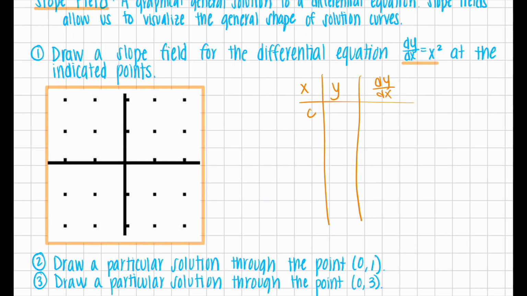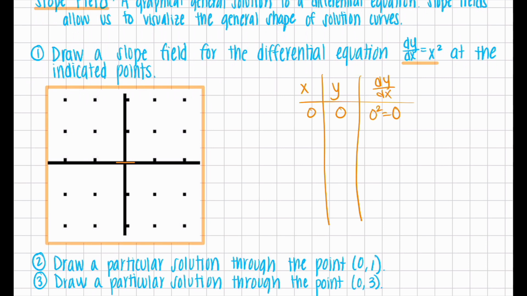I might start with 0, 0. At the point 0, 0, what is dy dx? Well, I know dy dx is x squared, so 0 squared is 0. So at 0, 0, I'm going to draw a 0 slope. And we're going to repeat this process for all of our other points on this graph.